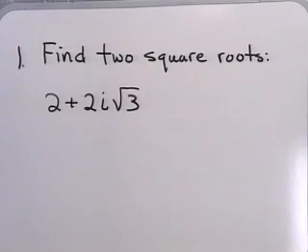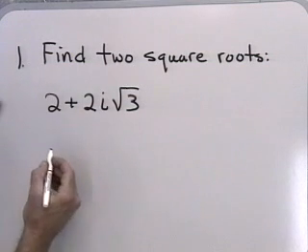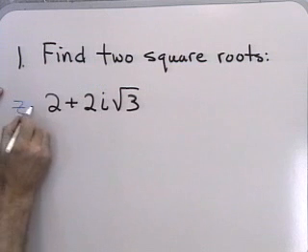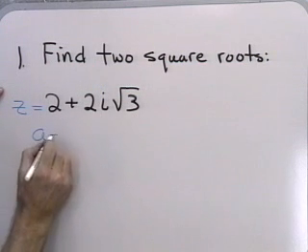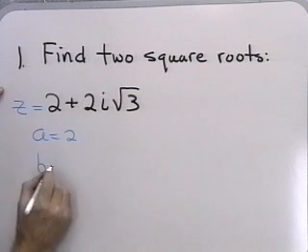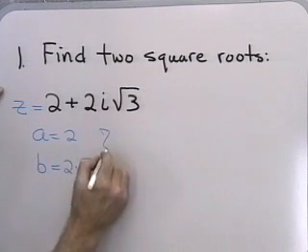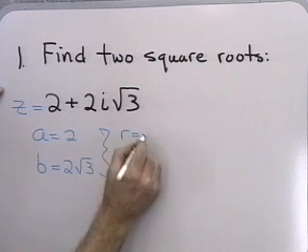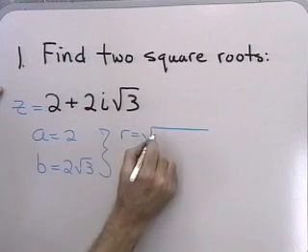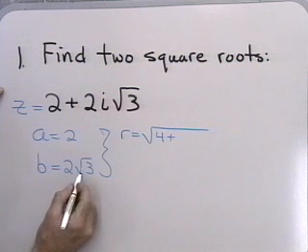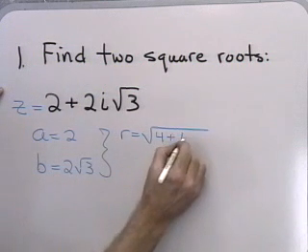Let's find the two square roots of 2 plus 2i square root 3. The first thing I need to do is write this number in trigonometric form. So z is equal to that, a is equal to 2, b is equal to 2 square root 3. That means that r is equal to the square root of 2 squared, which is 4, plus 2 square root 3 squared, which is 4 times 3, or 12.